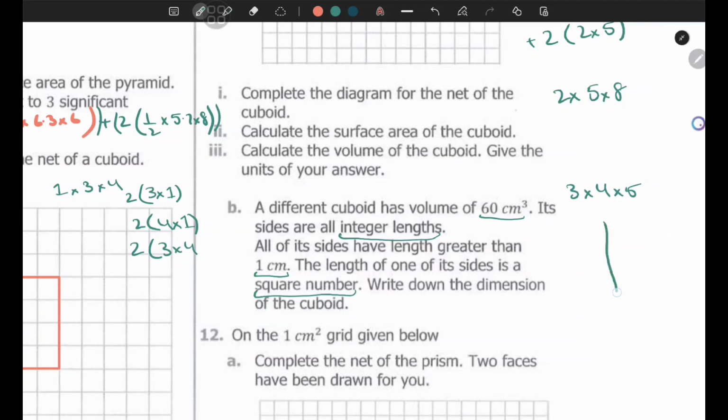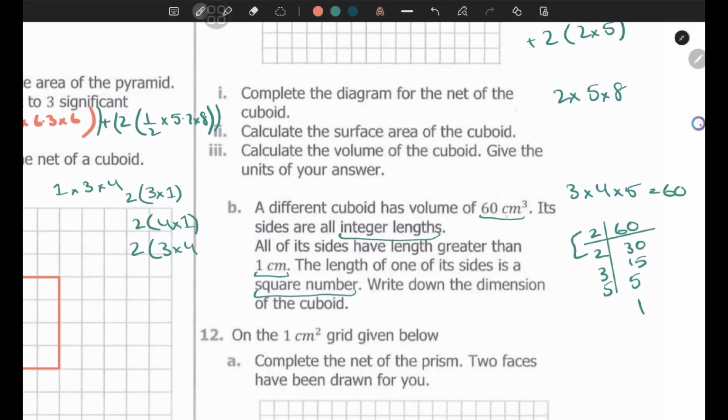So basically what we did again is we took 60, right, 30, 15, 5 and 1, right? So these are the factors, and when we multiply, again we will have 3 dimensions because it's volume. So 3 into 4 into 5, which gives us 60, right?